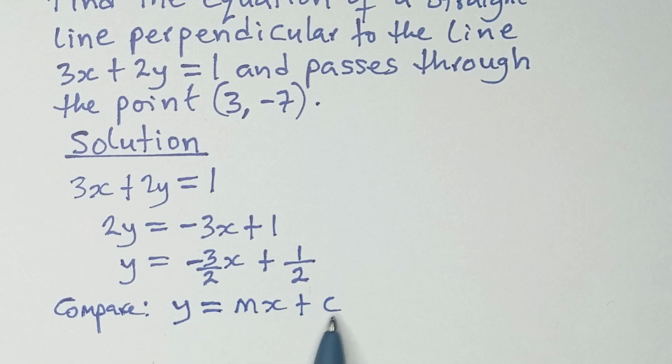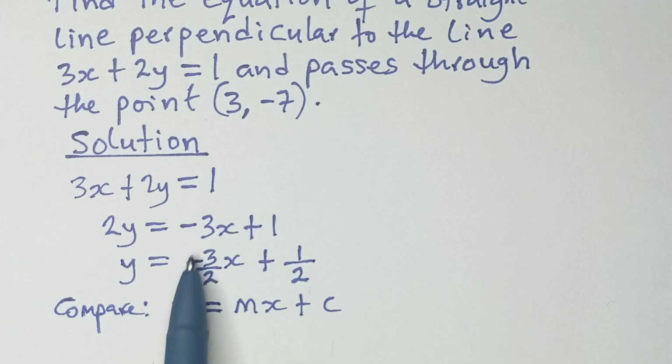If we compare them, you see that this c is 1 over 2, which is half. You can see x is here, and the term attached to x, which is m, means the slope. So the slope m is represented by this negative 3 over 2, and this half is c.